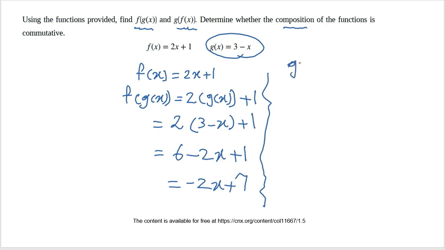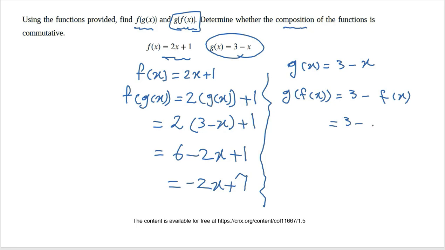And now g of f of x. So g of x is equal to 3 minus x. g of f of x must be equal to 3 minus f of x, and that's equal to 3 minus (2x plus 1), equal to 3 minus 2x minus 1, and that's equal to minus 2x plus 2.